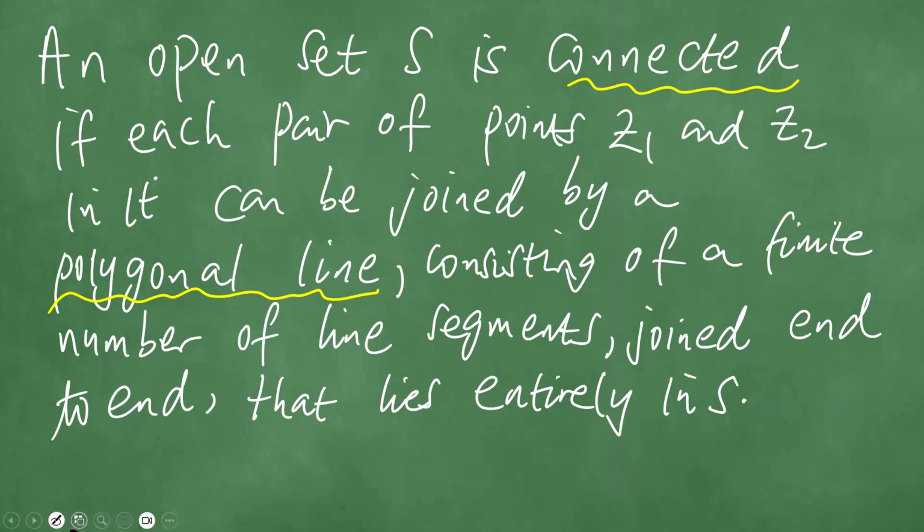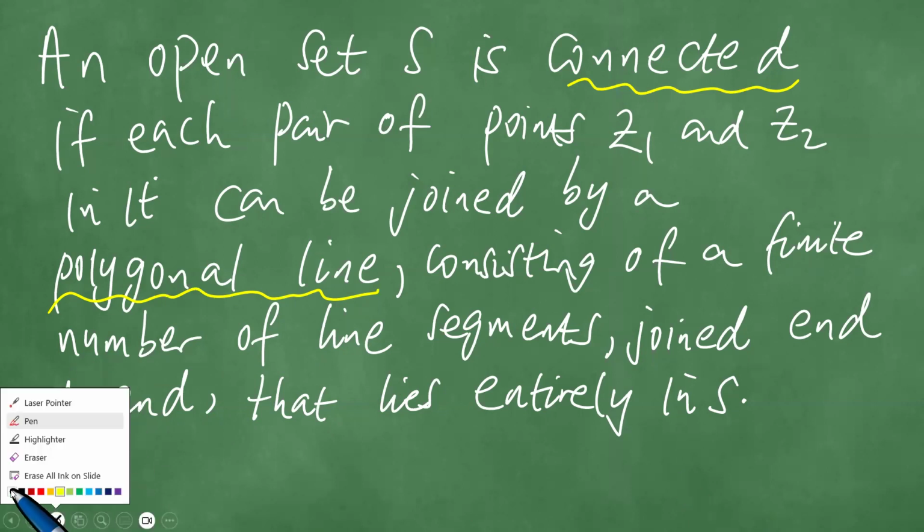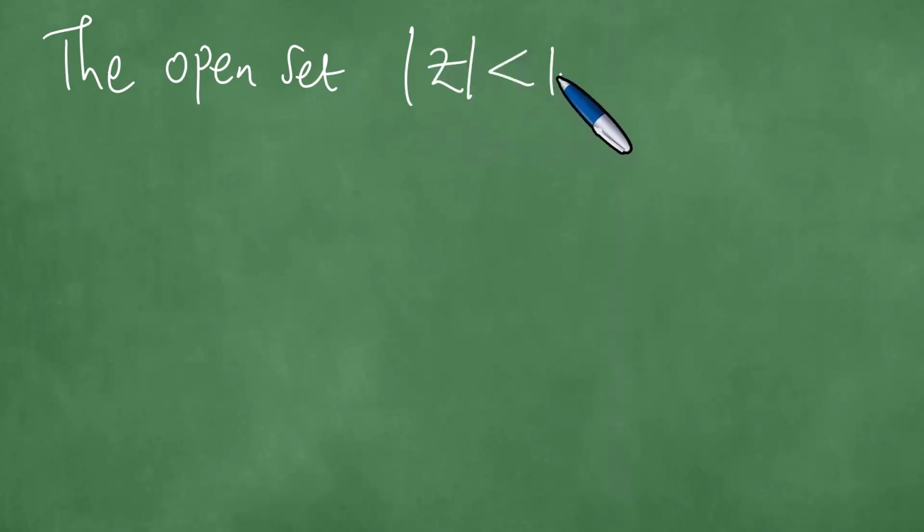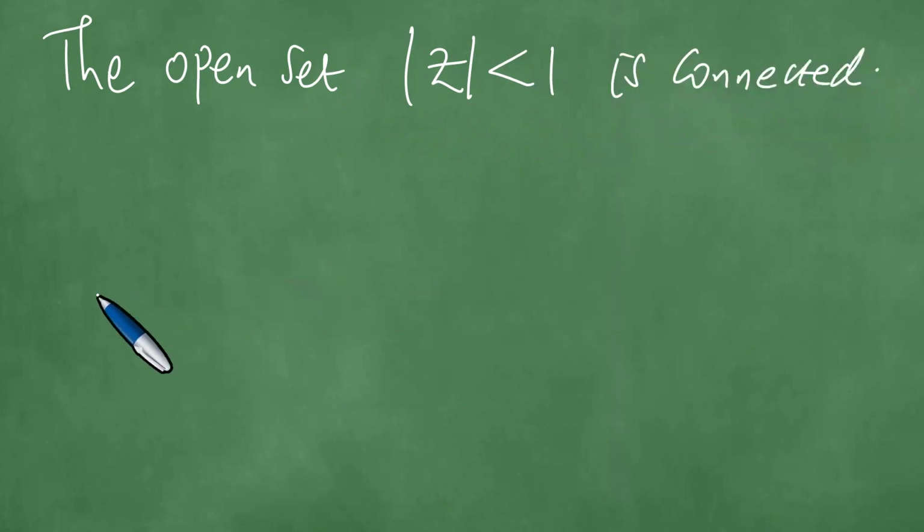Okay, now let us look at some examples before I delve into connected sets in more detail. The open set, this one, modulus of Z is less than 1, is connected.